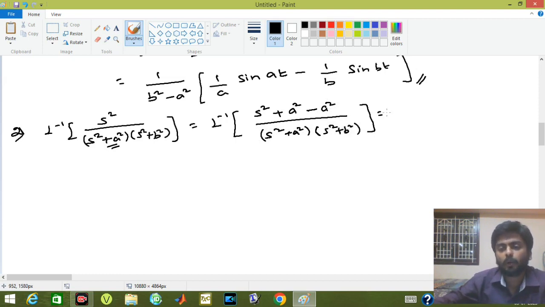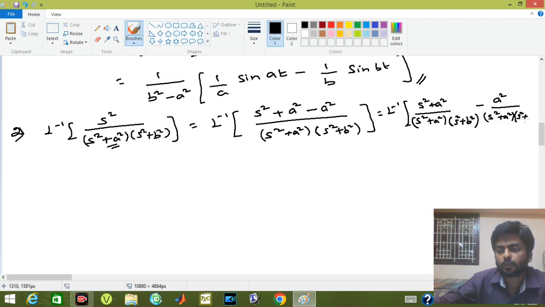Okay, now it can be written as L inverse of (s square plus a square) divided by (s square plus a square)(s square plus b square) minus a square divided by (s square plus a square)(s square plus b square).